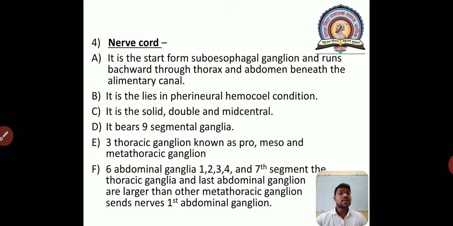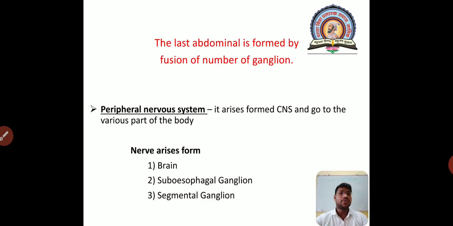Then the six abdominal ganglia, 1, 2, 3, 4 and so on. The thoracic ganglia and the last abdominal ganglia are larger than the others. The metathoracic ganglion sends a nerve to the first abdominal ganglion. The last abdominal ganglion is formed by the fusion of a number of ganglions.